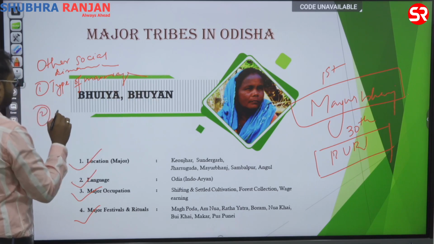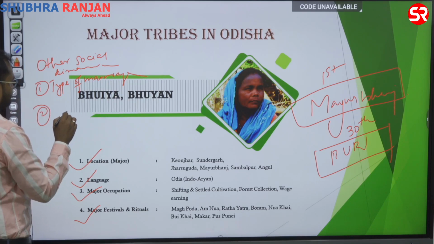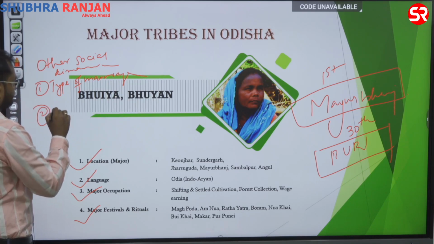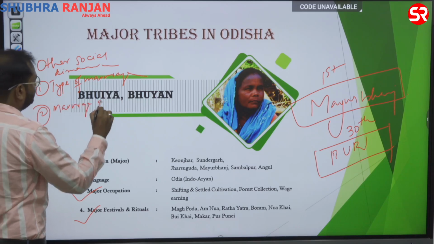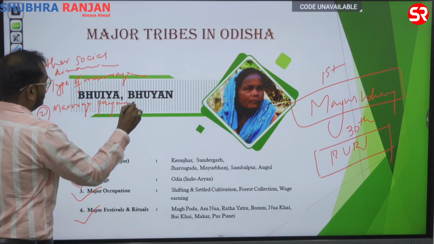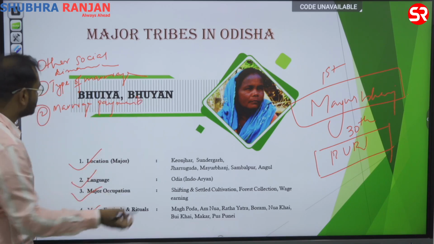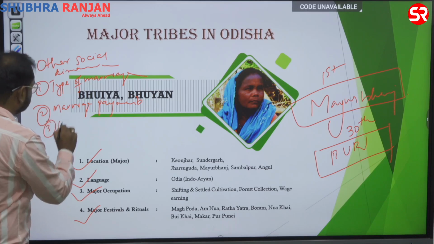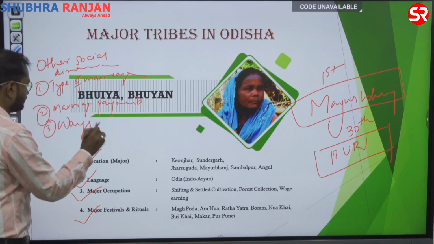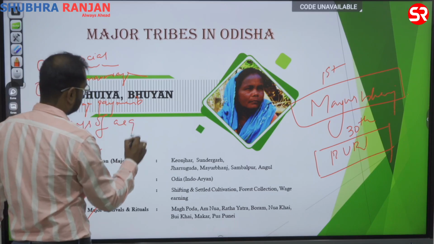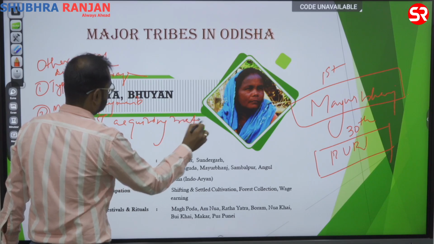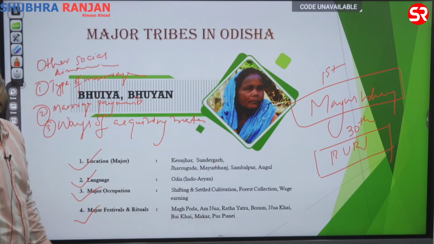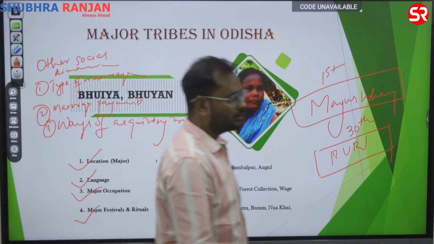Second, marriage payments, that is either dowry or bride price. Third is ways of acquiring mates, because certain tribes have a customary law of eloping.